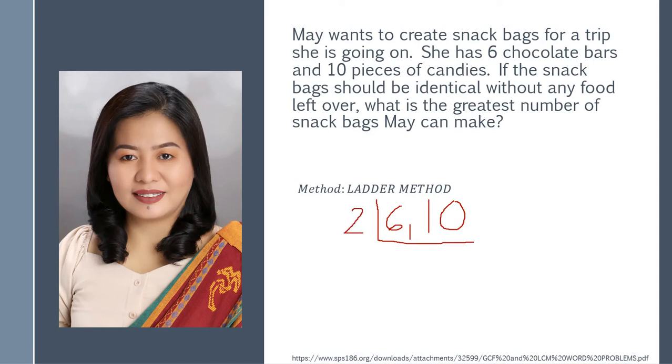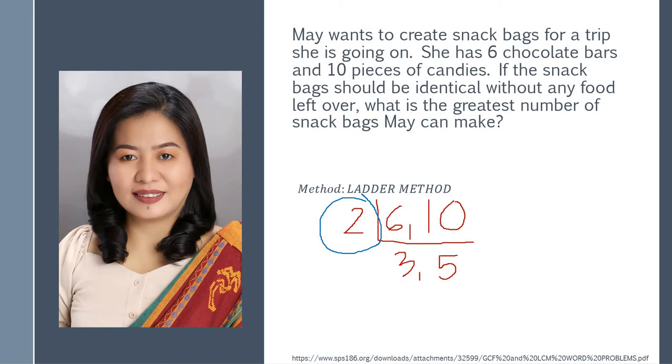If our answer is yes, then we write 2 there, and we divide 6 by 2, that's 3, and 10 by 2, that is 5. Can we divide 3 and 5 by a prime number? No more. So it will tell us that 2 is our answer, similar to the previous method. The greatest number of snack bags May can make with the 6 chocolate bars and 10 pieces of candies is 2 bags.